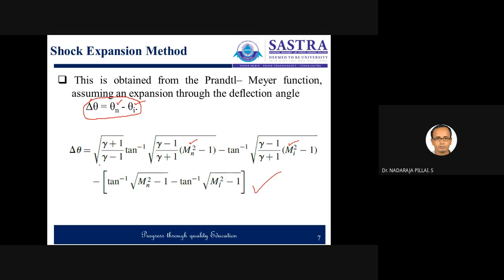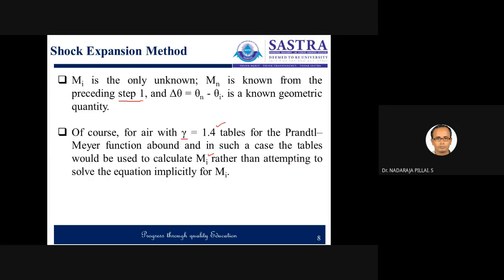In this equation, if you know theta n, you can calculate Mn, right? And Mi is the only unknown, correct? So Mi can also be calculated using the table, right?